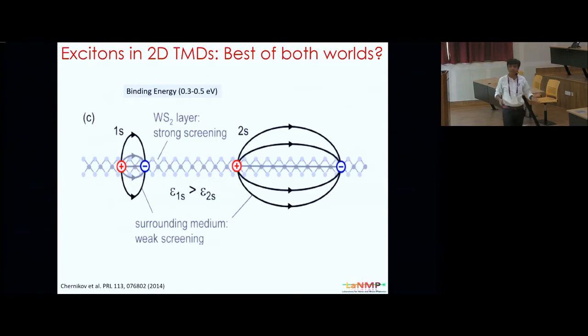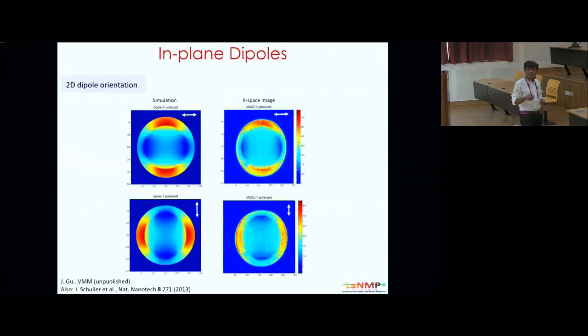In fact, there is some recent work where people have shown that just by putting small pieces of graphene underneath certain regions, you can modify the band gap of the 2D material sitting on top. So there is an added advantage here. The other aspect of these 2D materials is that, because they are 2D, the electric dipoles are all lying in the plane.